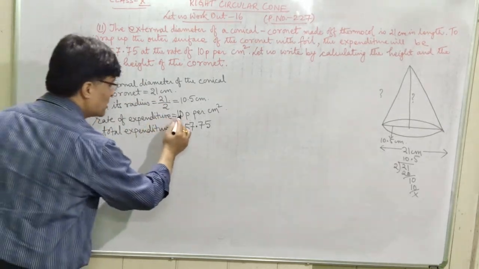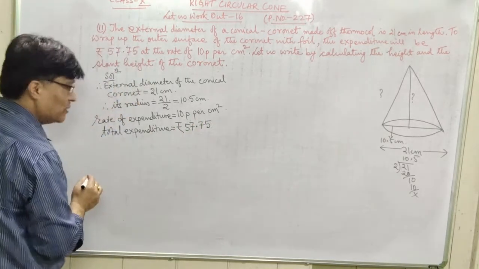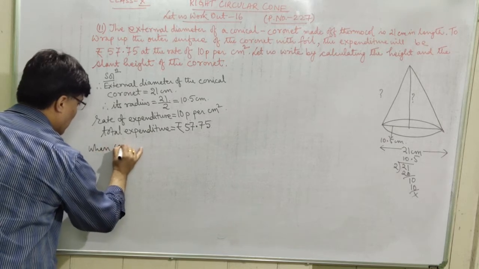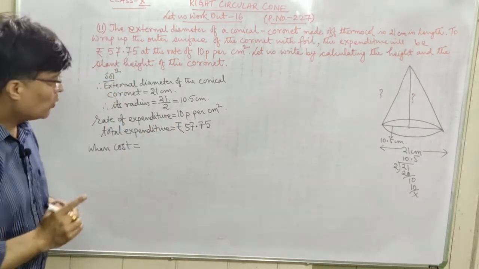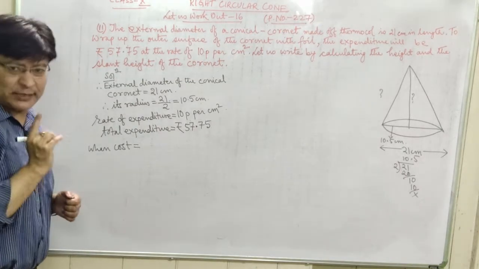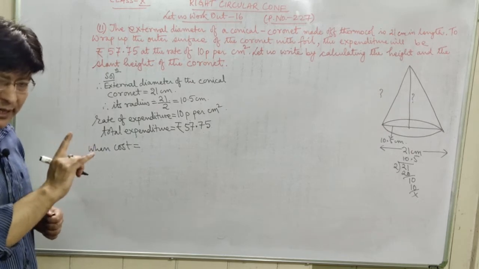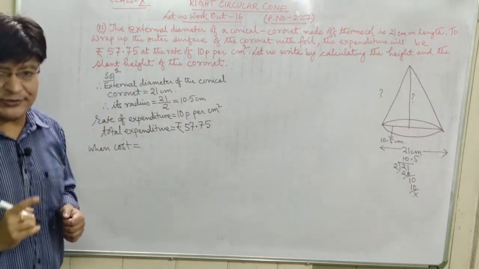So now let us find out the curved surface area of the conical coronet. When the cost is 10 paise, then curved surface area is equal to 1 square centimeter. When the cost is 10 paise, this 10 paise should be converted into rupees.